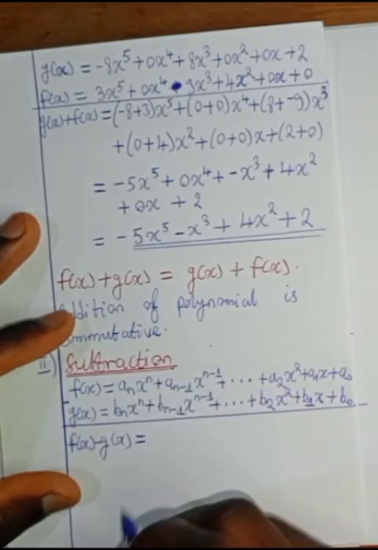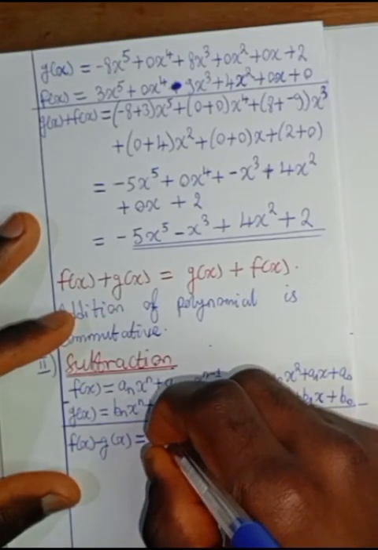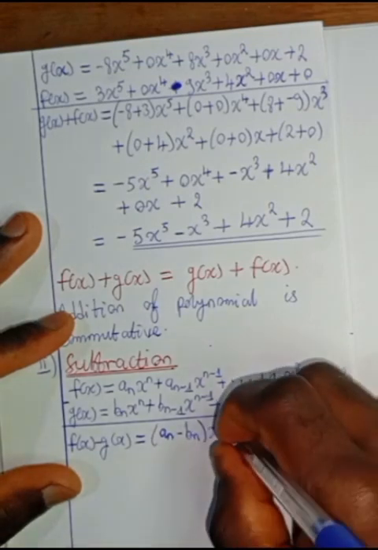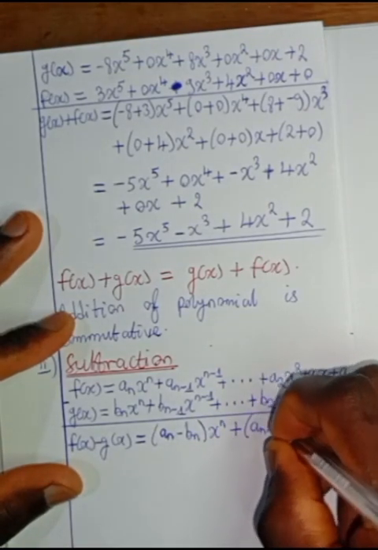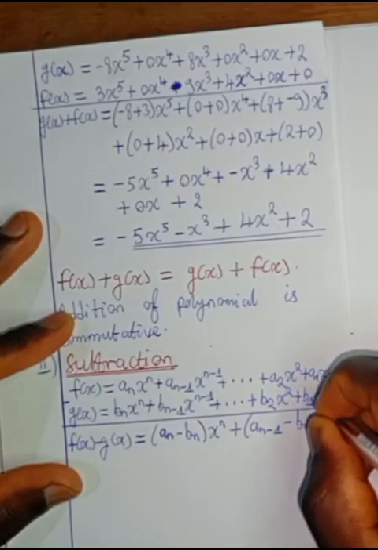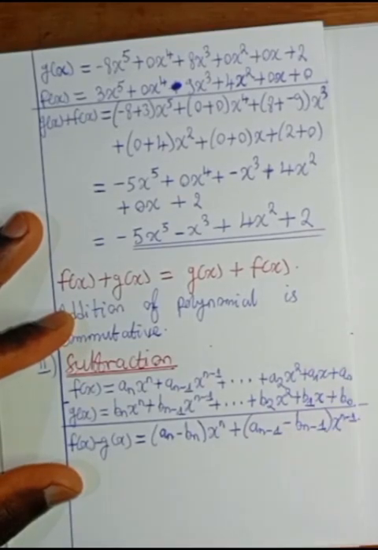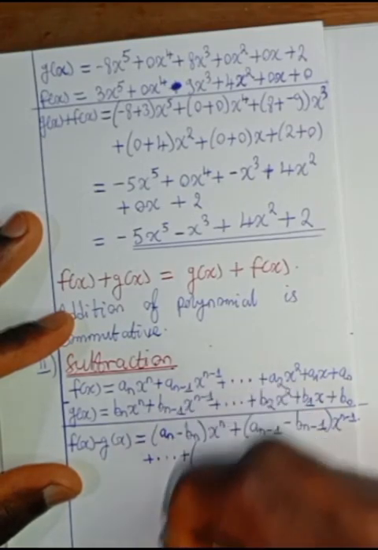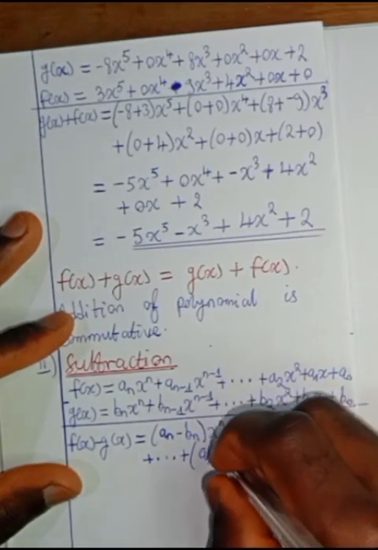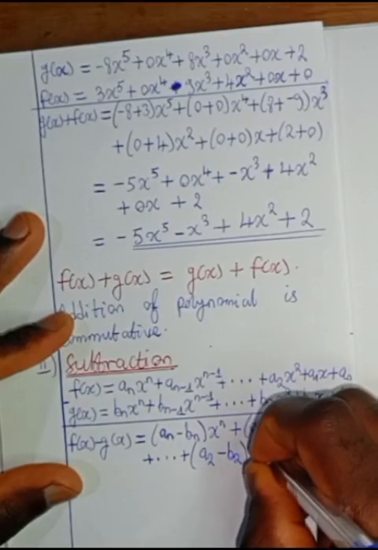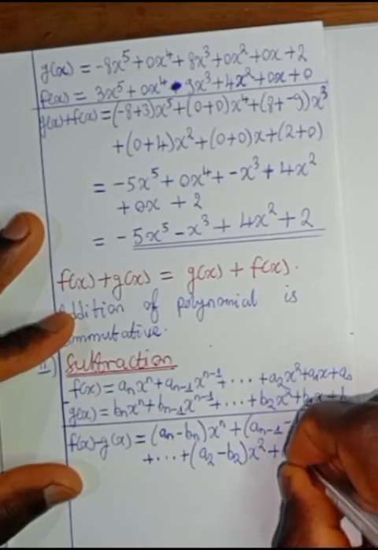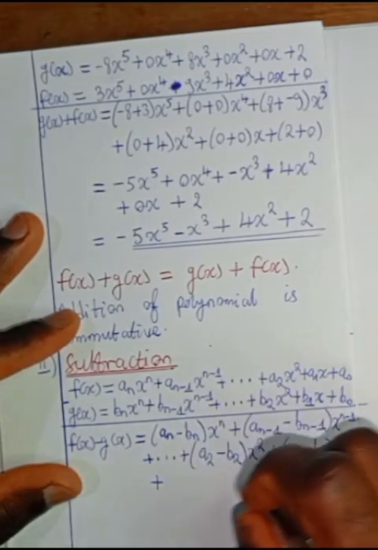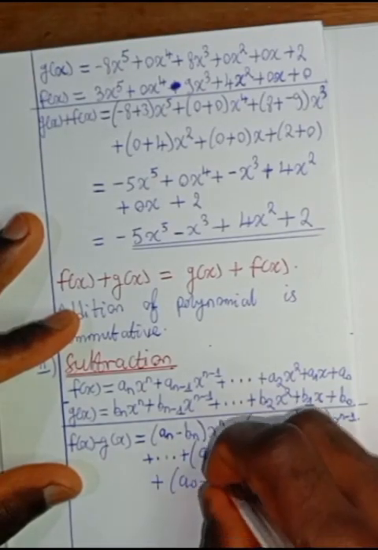This will simply be equal to, you see the like terms, we're going to take a subscript n minus b subscript n times x to the power n, plus a subscript n minus 1 minus b subscript n minus 1 times x to the power n minus 1, plus, put down the 3 dots, plus go to a subscript 2 minus b subscript 2 times x squared plus a subscript 1 minus b subscript 1 times x, plus we subtract the constant terms a0 minus b0.